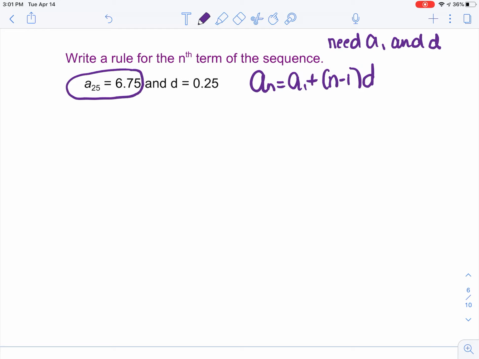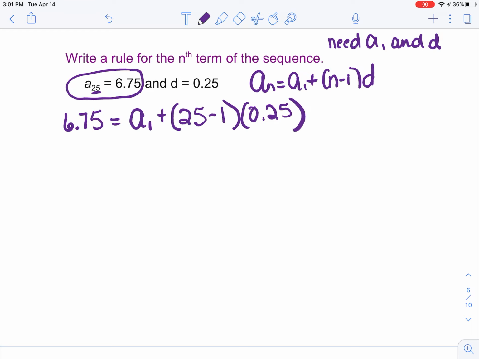So my 25th term, I'm going to write it as 6.75 equals, I do not know my first term, plus which term is 6.75? The 25th, because I get it from there. Minus 1 times, I know my common difference is 0.25.